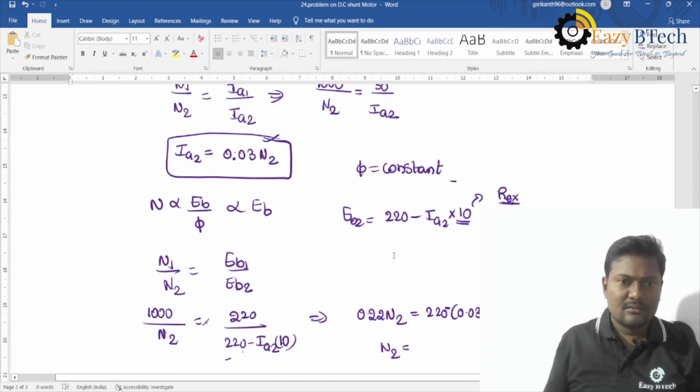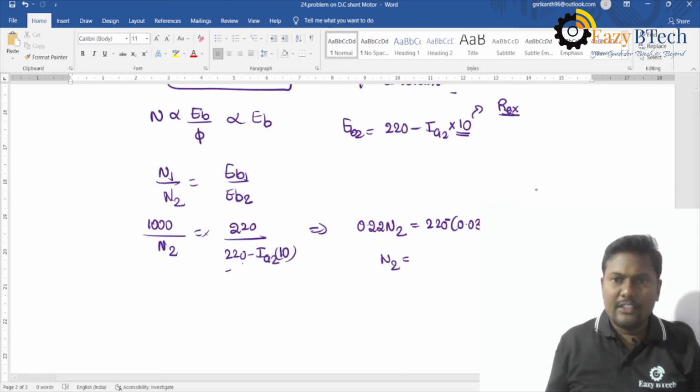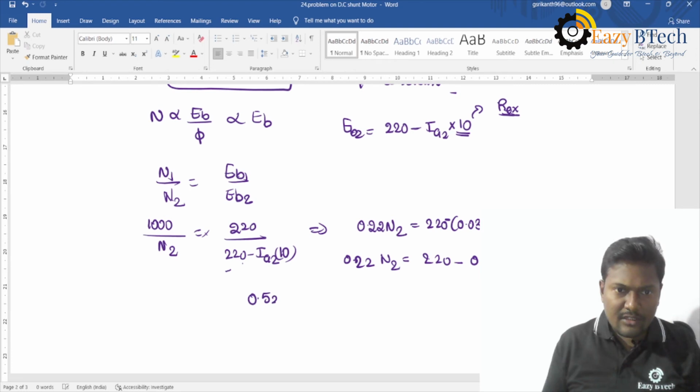Okay, and into 10, I was forgetting this. So 0.22 into 220 minus 0.3 N2 gives 0.52 N2 is equal to 220. From this we calculate N2 is equal to 220 divided by 0.52.